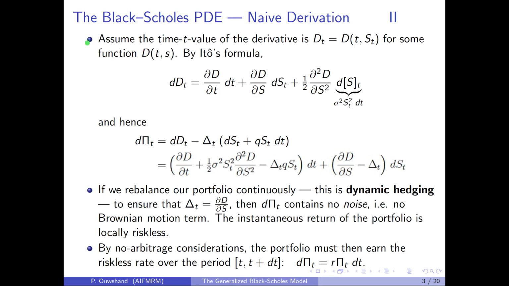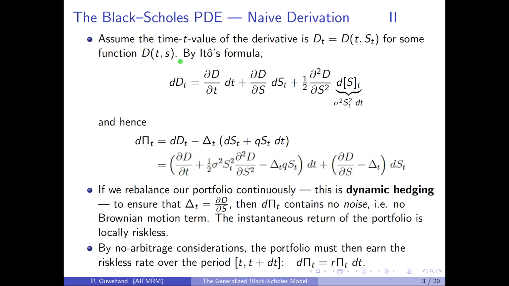We also assume that the time t value of the derivative, D_t, is a function of the time t and the stock price at that time, S_t. We further assume that we're able to apply Ito's formula to this function D. In other words, that D is once continuously differentiable in the t variable and twice continuously differentiable in the S variable.